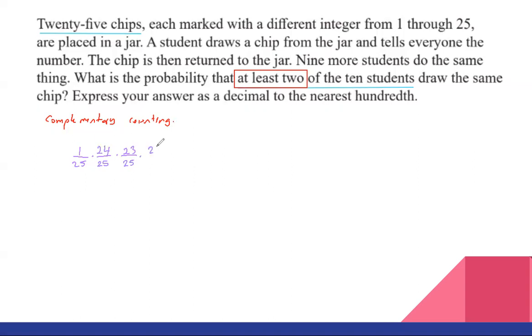And if you keep doing the same process, you will get 22 out of 25, and 21 out of 25, 20 out of 25, 19 out of 25, 18 out of 25. So this is the first, second, third, fourth, fifth, sixth, seventh, eighth. So I should get 17 and 16 out of 25. So this is the probability of getting no chips the same.